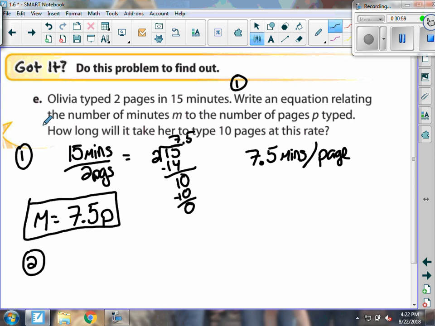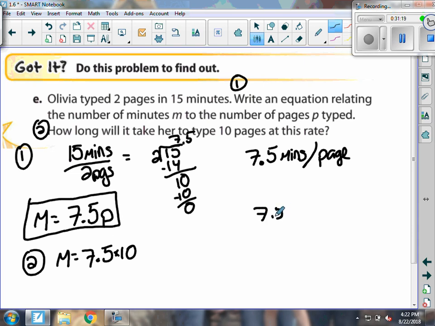Now I'm going to move on to the second part. How long does it take her to type 10 pages? I realize I've been saying read the whole time. I'm sorry, type. So we're going to plug in 10 pages, so times 10.